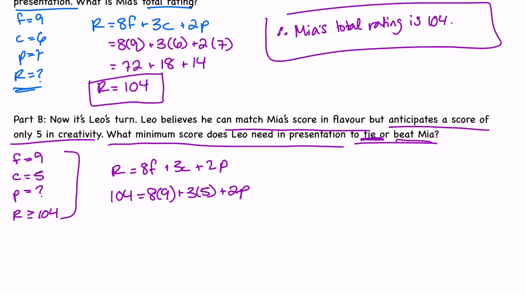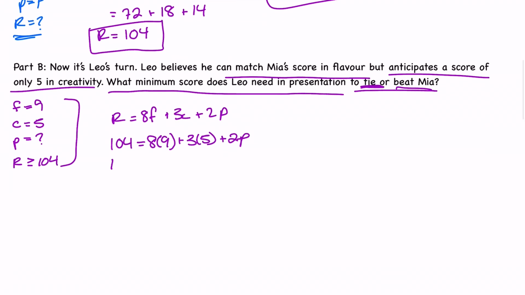Now we can simplify in the next line. So 104 is going to equal 72 plus 5 times 3 is 15 plus 2p. And we can simplify further in the next line. So 104 is equal to 87 plus 2p. The p is what we want to isolate, and it's a part of this term, so we need to get rid of this term.